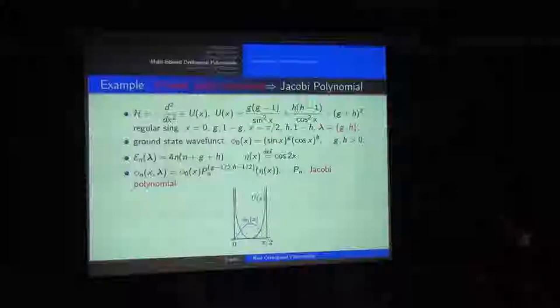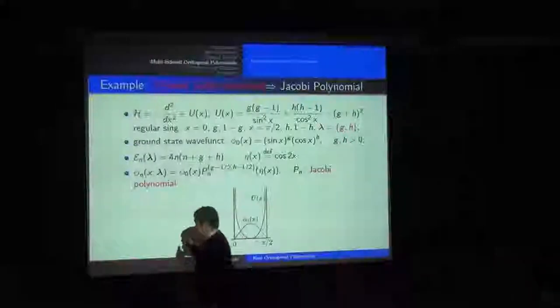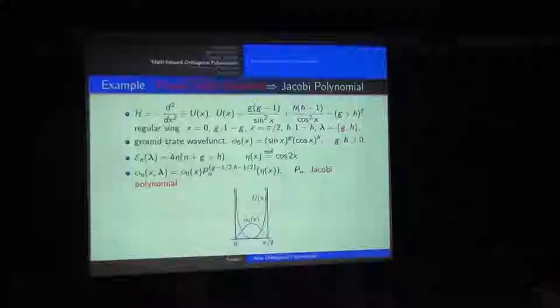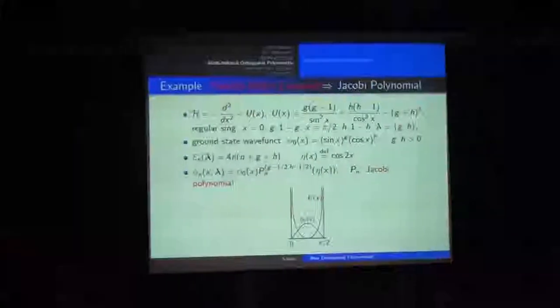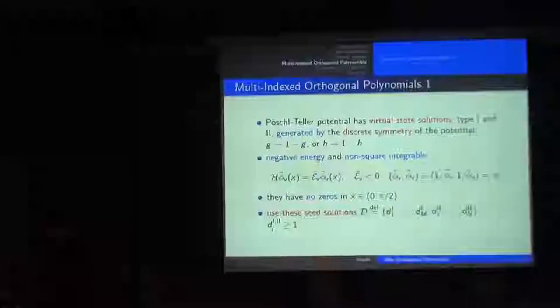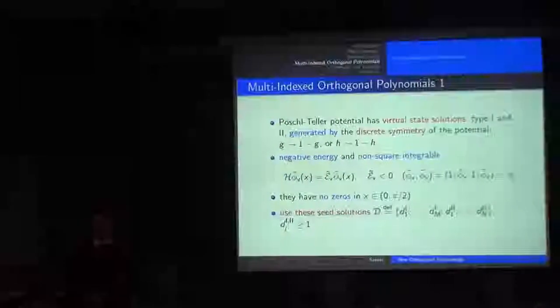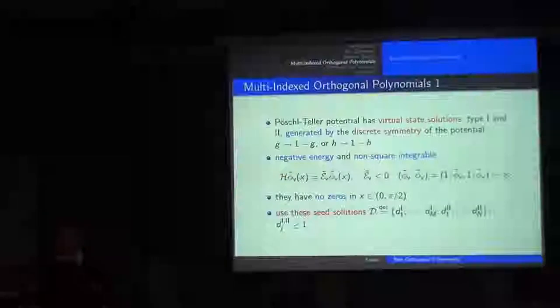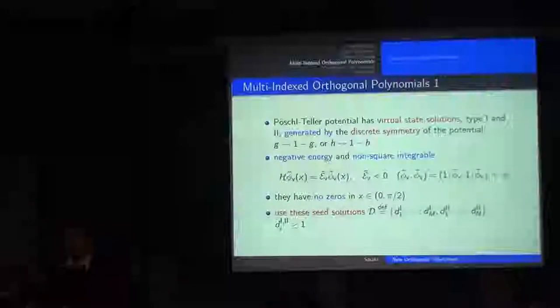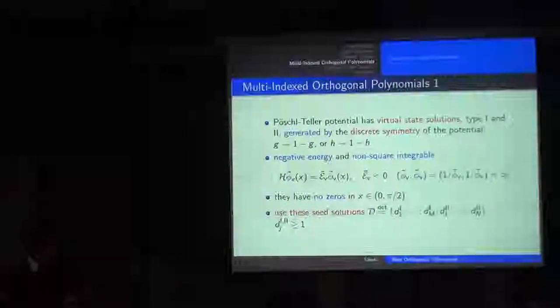Therefore, its eigenfunctions do not have symmetry, but the potential itself has this symmetry. Then, when you apply this discrete symmetry transformation to the eigenfunction, it will definitely give you a solution, but no longer an eigenfunction. It will not be square integrable.